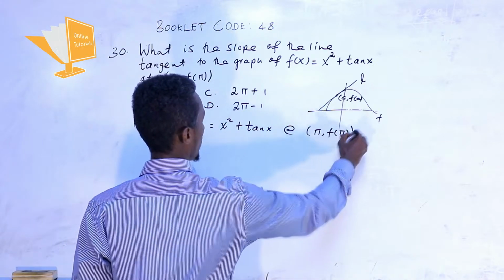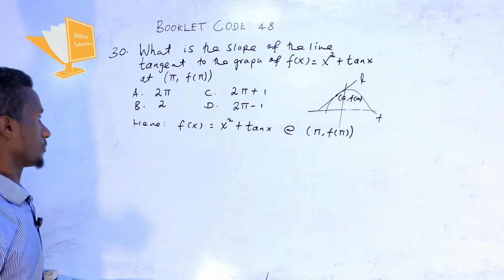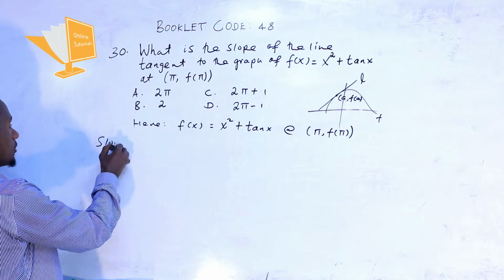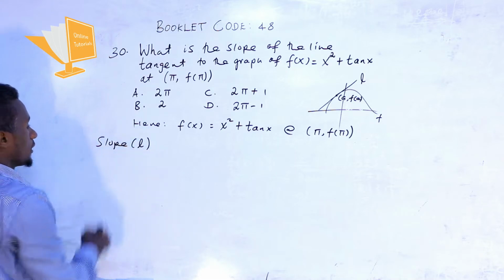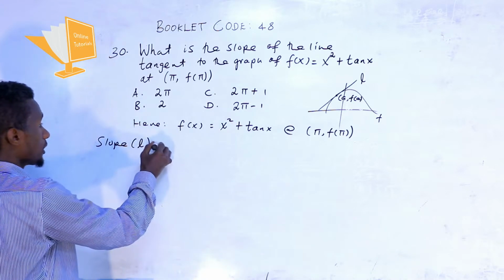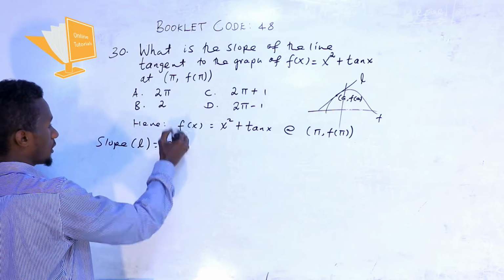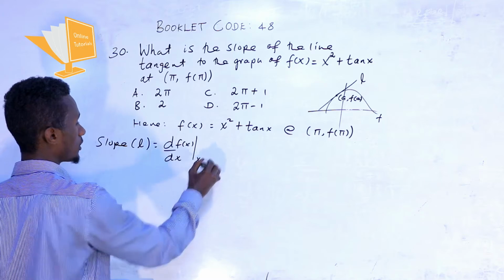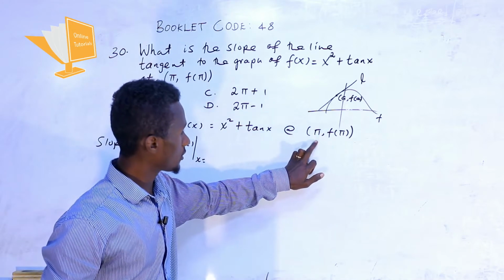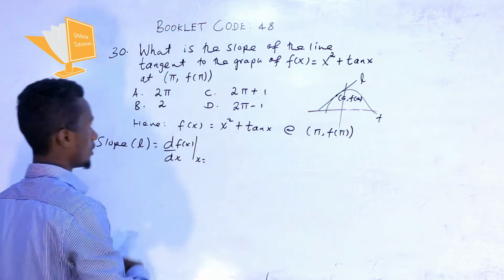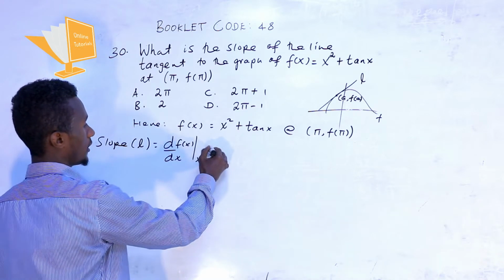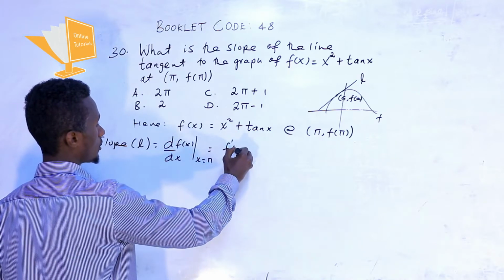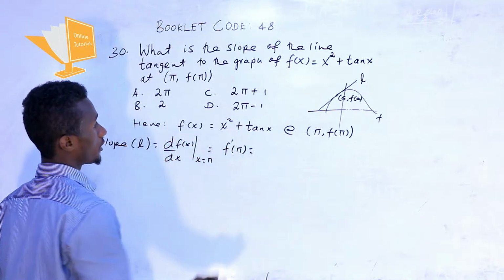The slope of line L, as a tangent line, is the derivative of the given function f with respect to x at a point a. In this case the value of a is pi. So what is the slope at pi? It is the first derivative of the given function at pi.